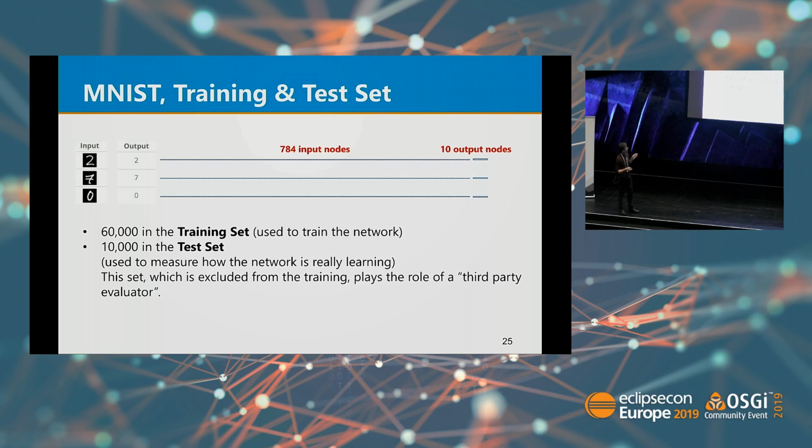The training set is used for the real training, while the test set is not part of the training, but is just used to measure how the network is learning. In the MNIST example, the training set is composed of 60,000 items and the test set of 10,000.